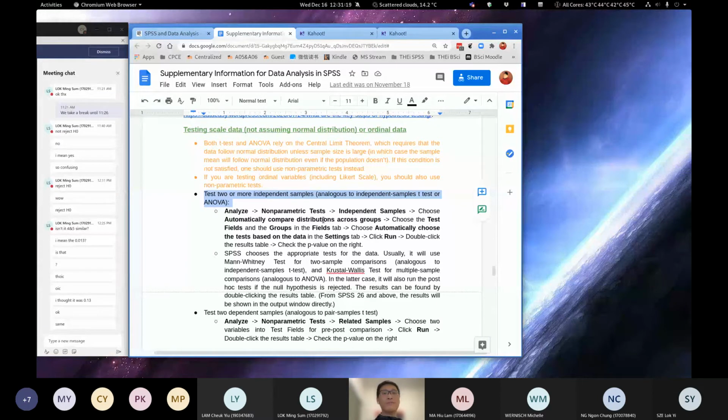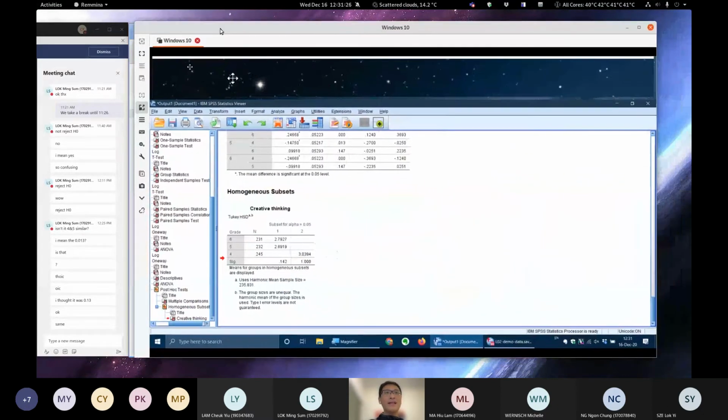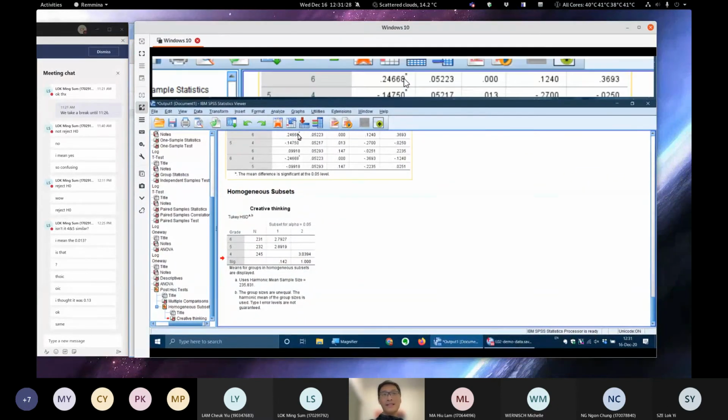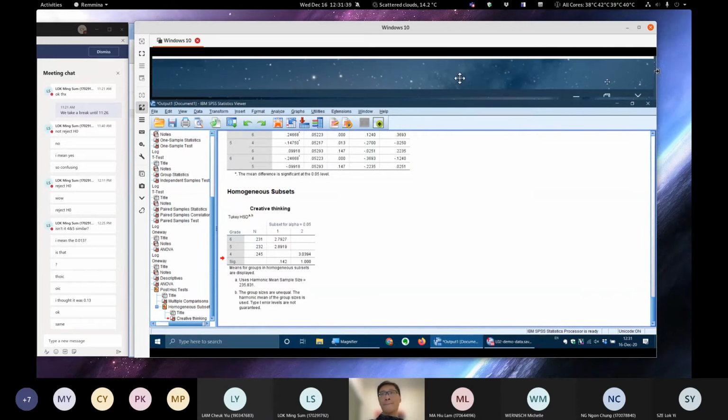So that is the bad news. The good news is that in SPSS, it is extremely easy to do non-parametric tests. It is even easier than the t-test and the ANOVA. And I will show you why.